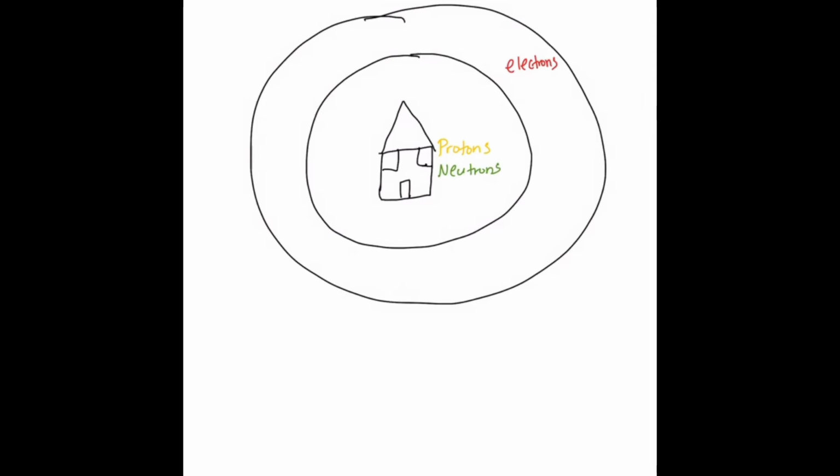So we have protons. Protons are going to be our positively charged particles, right? And then our neutrons are actually no charge. So they are not positive nor negative, they are neutral.